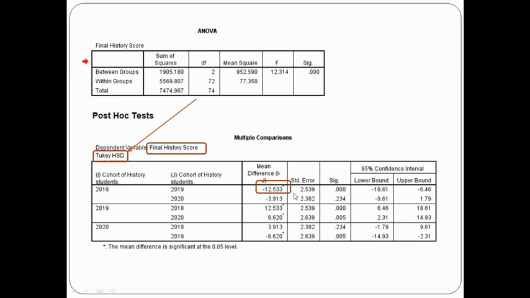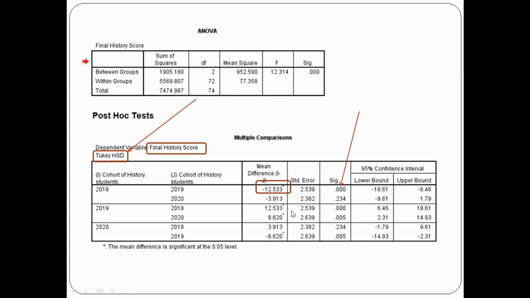This is big. And if we continue to the p-value, it is very significant. What does this all mean then? It means that there is a significant difference between cohort 2018 and 2019 on their final history score. In other words, cohort 2019 scored higher than cohort 2018.